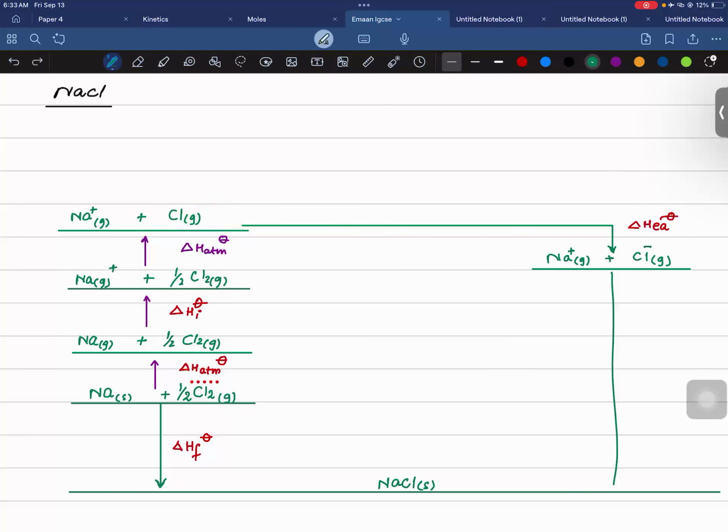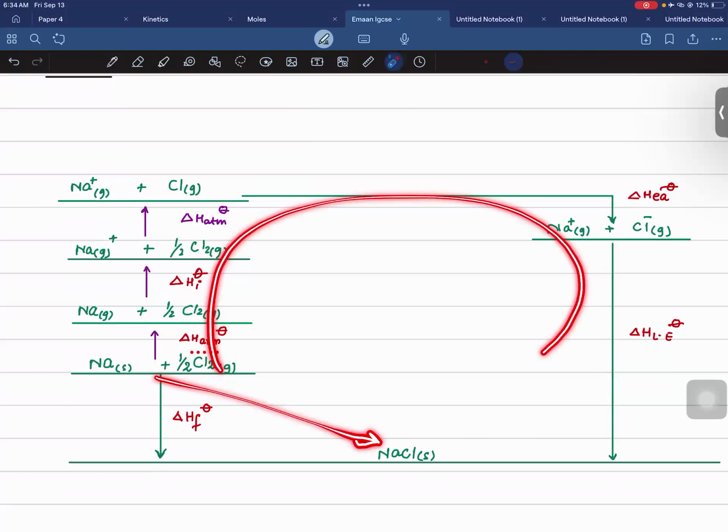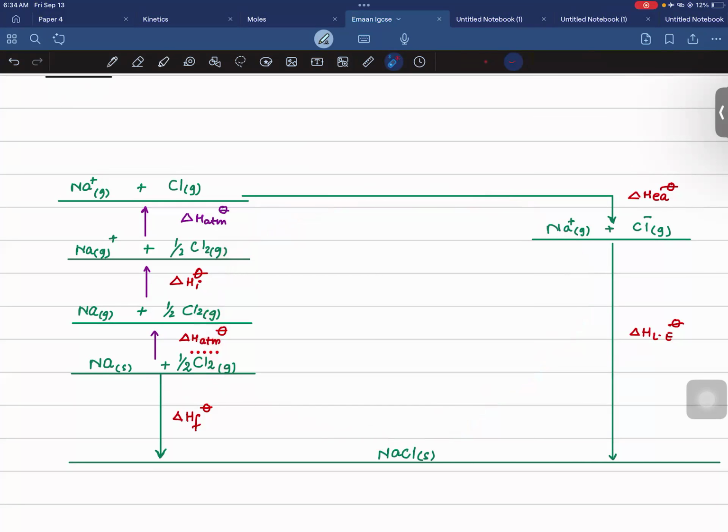Then they would be reacting together to form sodium chloride, and this is known as the lattice energy. This is the complete Born-Haber cycle. This is the direct route and this is the indirect route, just like Hess's law.